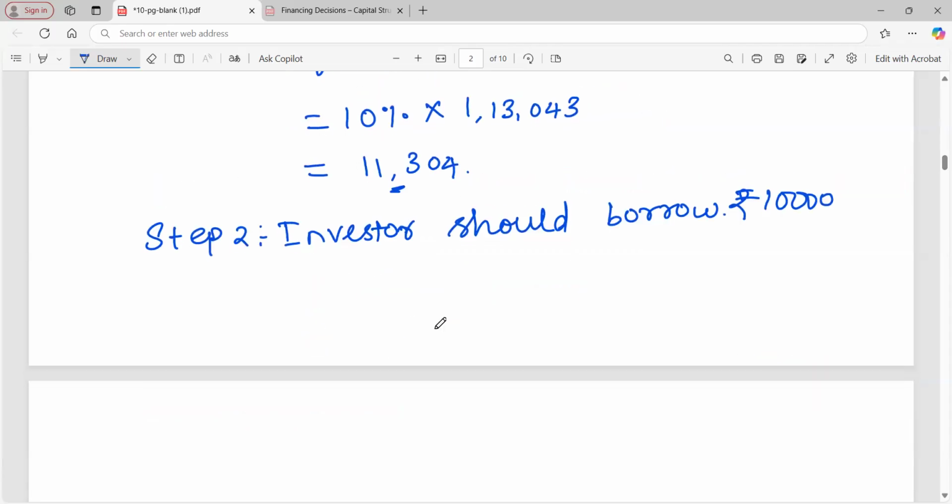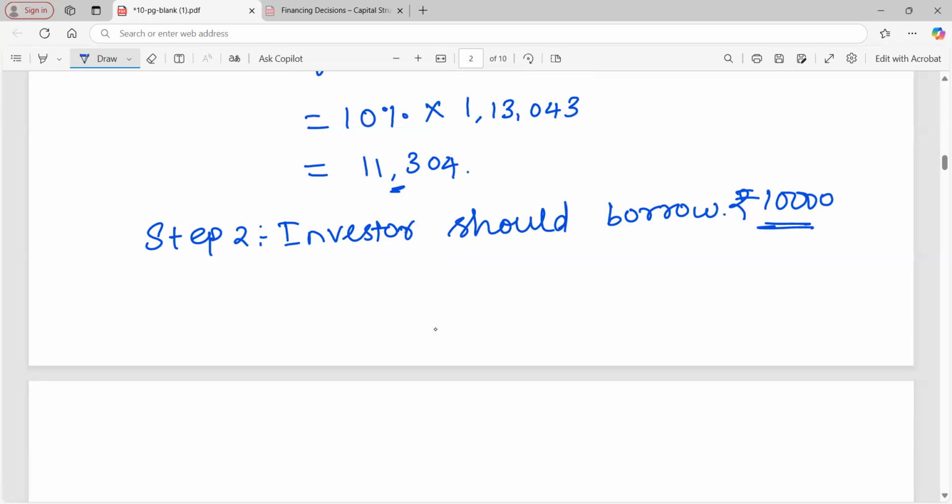Now, in order to retain that financial burden, the investor should borrow this 10,000 rupees in his personal capacity. This 10,000 is not borrowed by the company. The investor will borrow this 10,000. It's a personal borrowing made by the investor, right? Why is he borrowing this 10,000? To maintain the same level of financial risk.